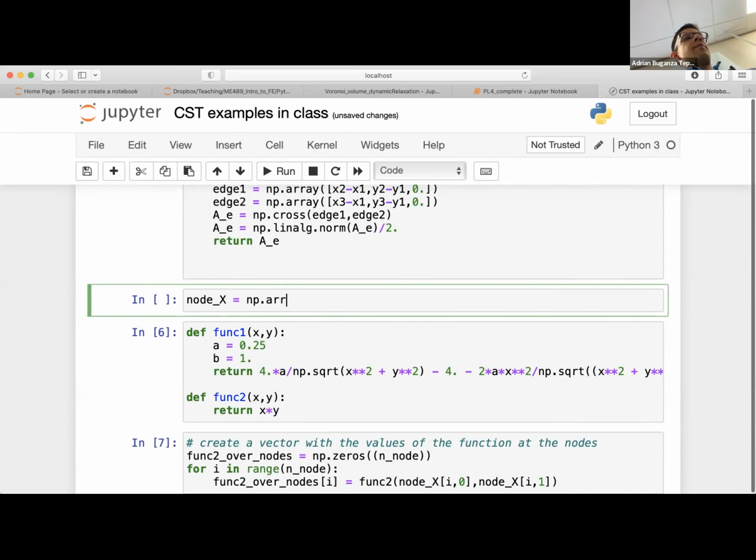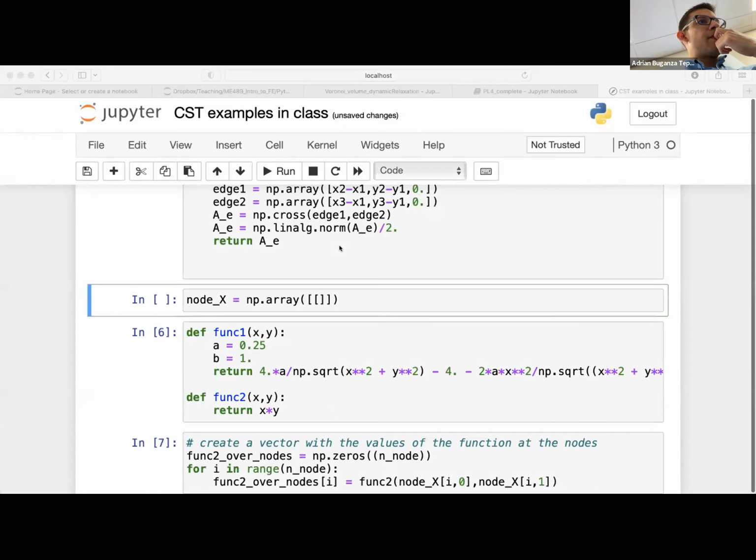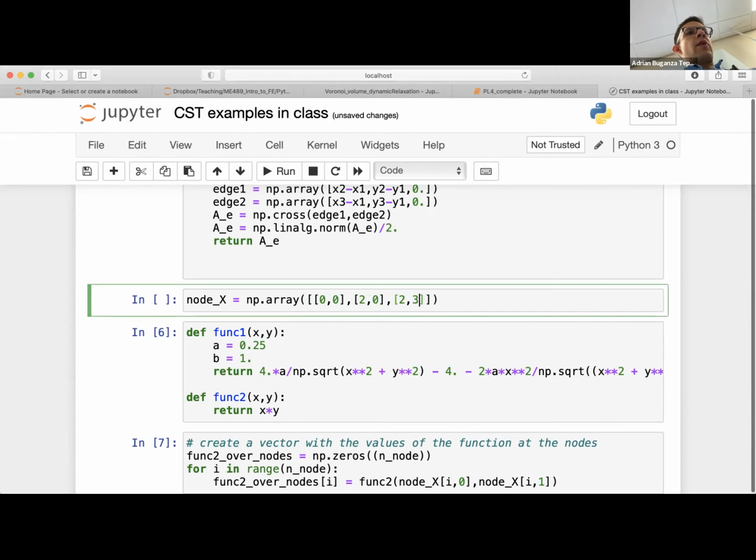So it's node X. So the coordinates are 0, 0, 2, 0, 2, 1, 0, 1. So 0, 0, 2, 0, 2, 1, 0, 1.